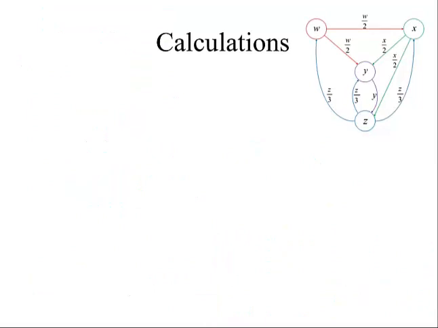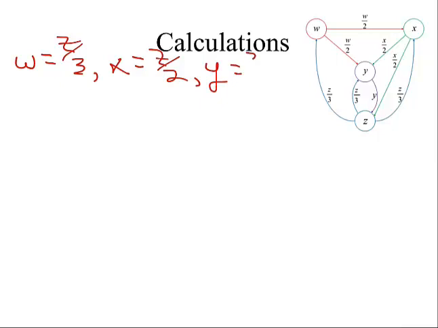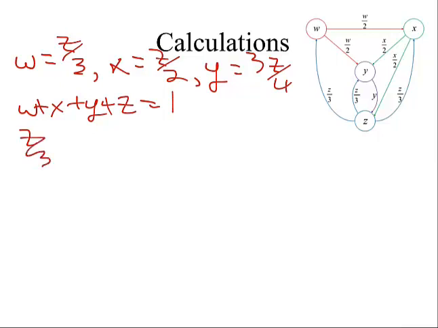So now we have each of these relationships. We said that W is equal to Z over 3. We said that X is equal to Z over 2. And we said that Y is equal to 3Z over 4. And since W plus X plus Y plus Z has to be equal to 1, then we have Z over 3 plus Z over 2 plus 3Z over 4 plus Z has to be equal to 1.